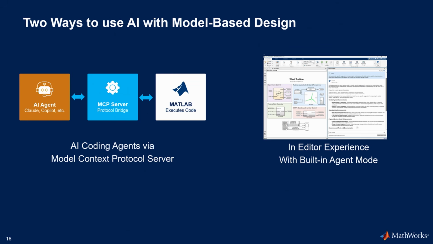Now, where we are today, we have two ways that we're leveraging AI with model-based design. One is based on the Model Context Protocol server, called MCP server. You must have heard of that. It is basically a server that can cooperate with other MCP servers, and you can bring in a third-party agentic environment that you might have or be thinking about, and we can introduce model-based design into that.